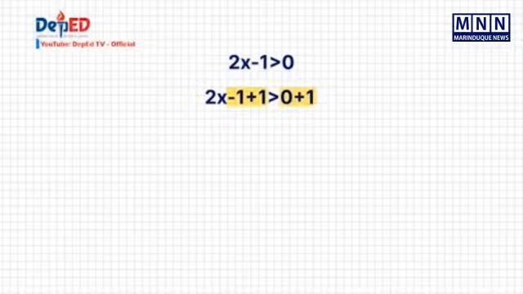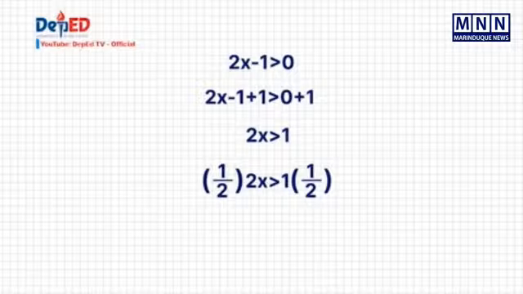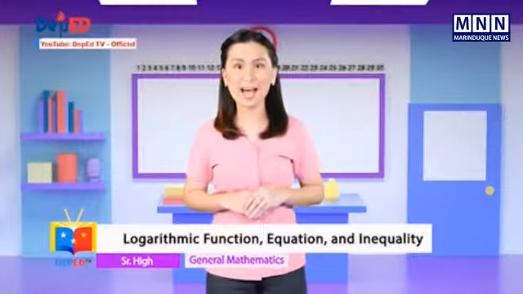Adding like terms, we will have 2x is greater than 1. By multiplication property of inequality, we multiply both sides by 1/2. This gives us x is greater than 1/2. Thus, we consider values of x greater than 1/2.